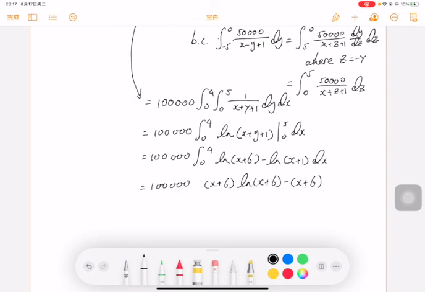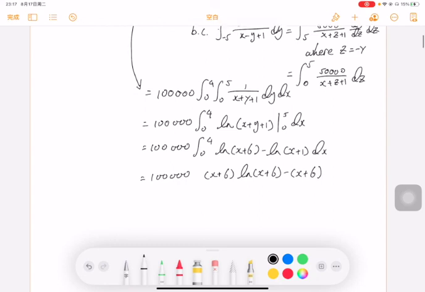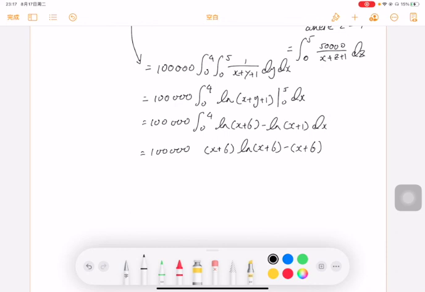So I guess here's what you can do. If you differentiate x times ln of x minus x, you actually get ln of x. Because from the product rule, you have the derivative of x multiplied by ln of x, which is just ln of x.